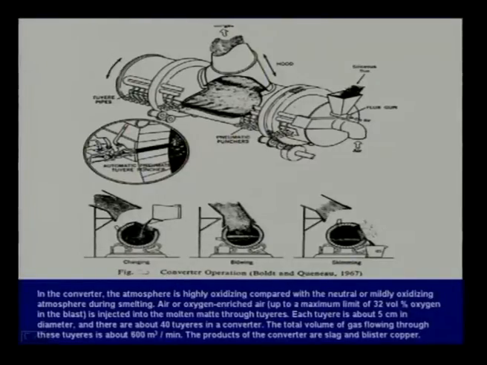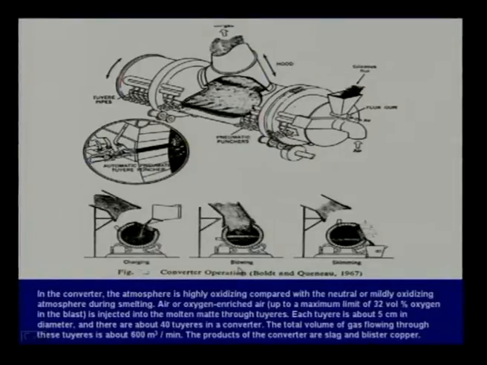This is more important. See, this is the converter, and I am looking at it from the sectional point of view. It is charged. This is the hood. At every step, whatever gases are coming will go out to this hood. Then it is straightened up, put straight under the hood.